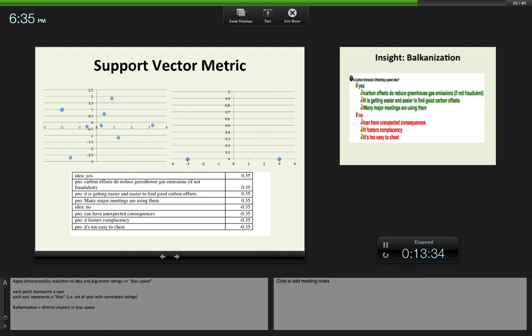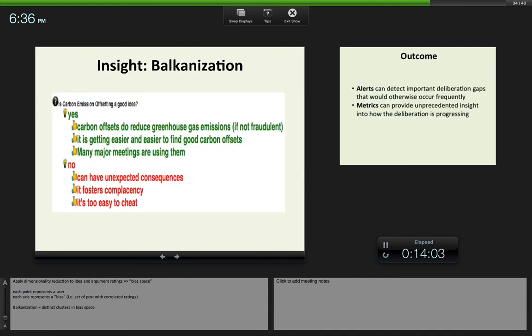Further, if we look at the weights on the most significant eigenvector, we can get an idea of which posts were critical in creating the divide between the 2 groups of users that appear in the 2 clumps in the second group. And if we visualize the argument map where the colors are related to the weights in the eigenvector, then we can get the insight that balkanization is taking place.